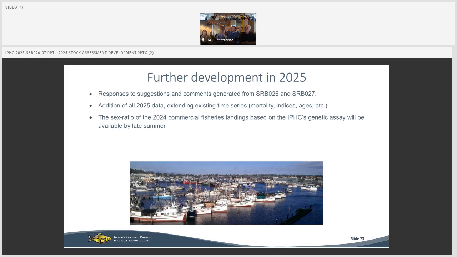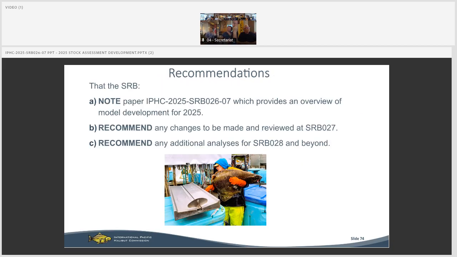We will have the 2024 commercial fishery sex ratios analyzed, and then subsequent to the SRB meeting, I'll have all the rest of the information, the mortality and surveillance sort of stuff, but probably not in time for the SRB, and definitely not in terms of a 30-day deadline before the meeting to have it written up. So just so you're aware.